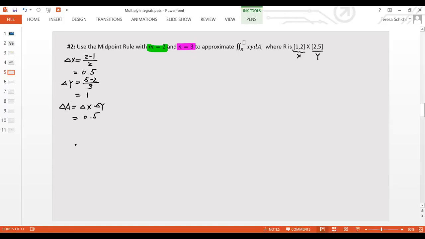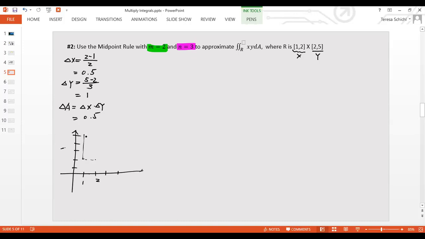So let's take a look here. This is 1, 2, 3, 4. This is 1, 2, 3, 4, 5. Okay, so the x is from 1 to 2, right? I need to divide it by half. So the 1 to 2 is here, and then y is 2 to 5.